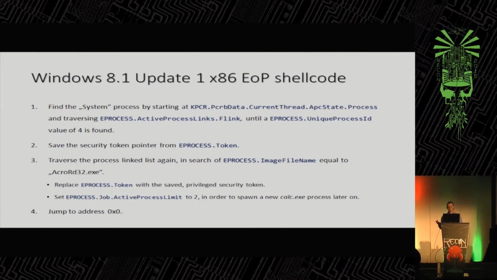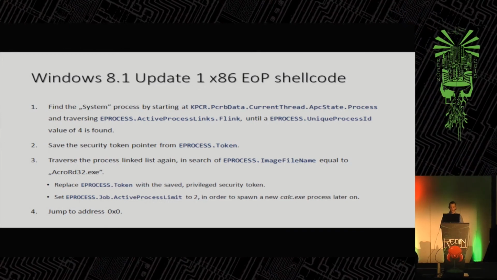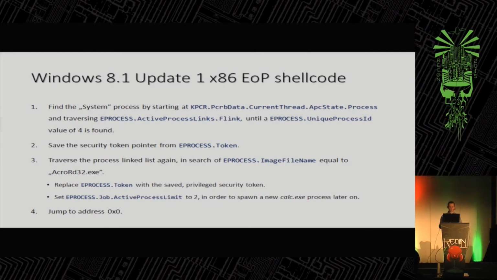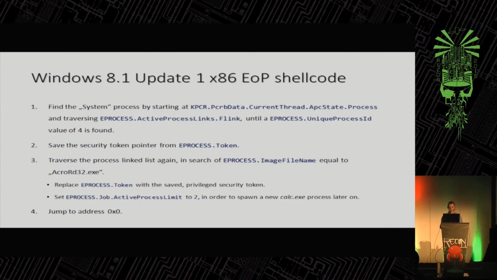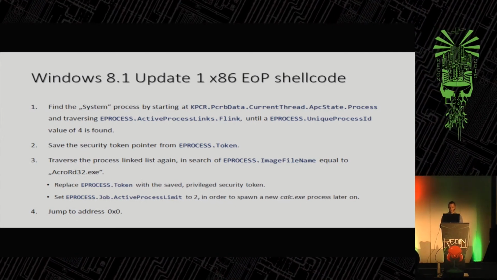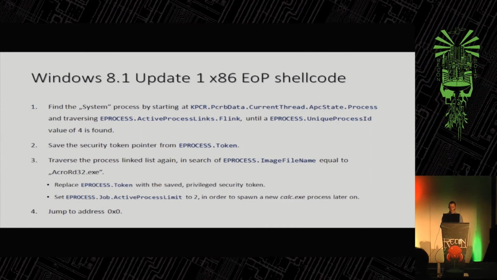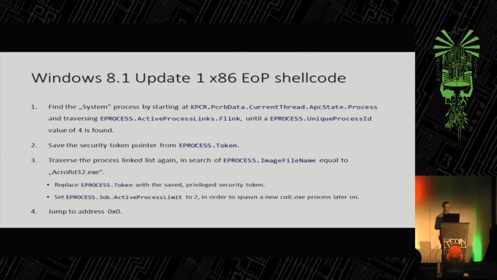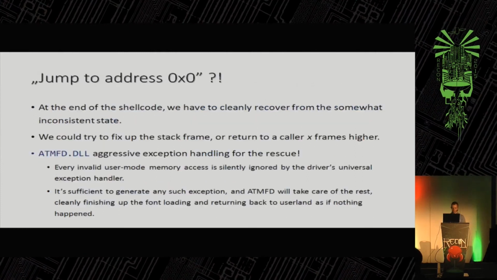Since we haven't spawned our calculator yet, I decided that my shellcode is just going to elevate the privileges of the Adobe Reader 32-bit process, and then after we have this, we can do anything from our second stage DLL. And then at the end, we are just jumping to address 0.